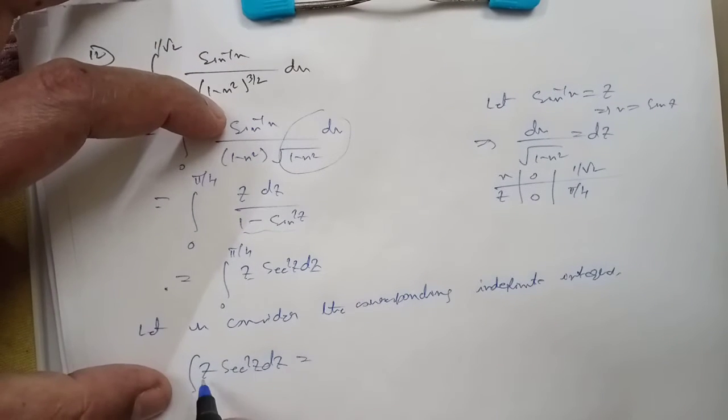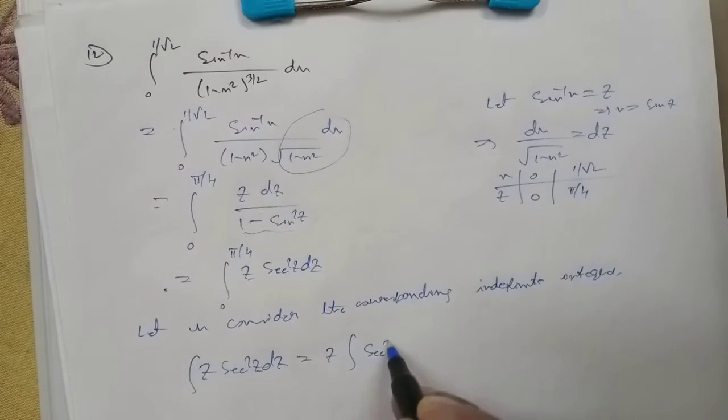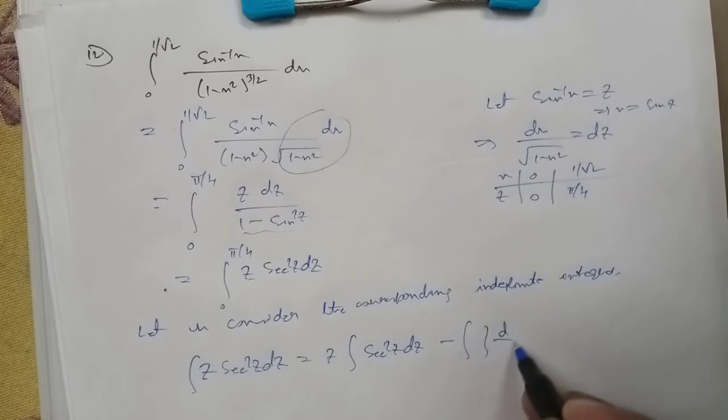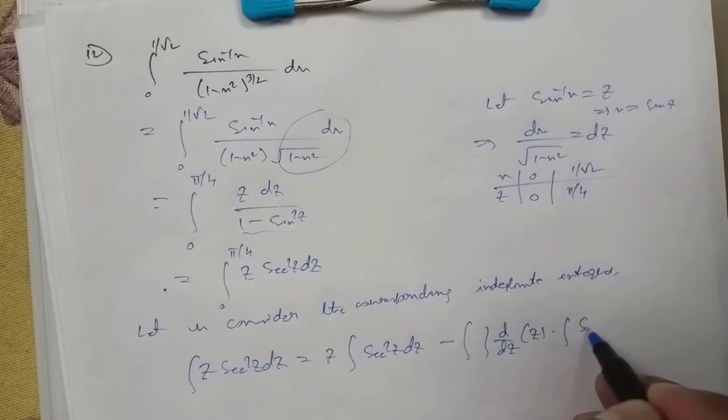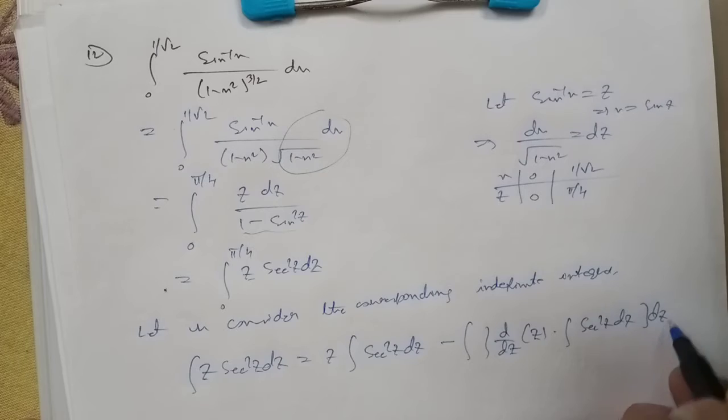Here obviously z is your first function, so z integration sec square z dz minus integration derivative of z integration sec square z dz, again dz.